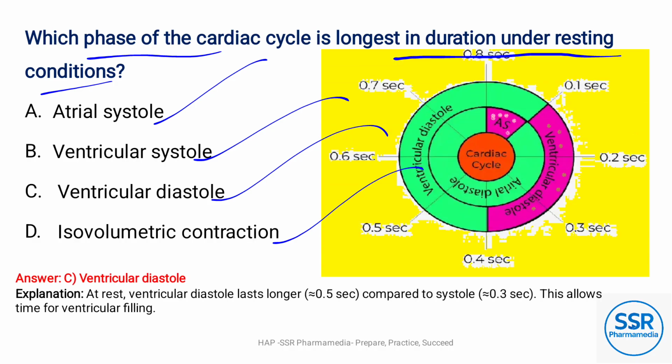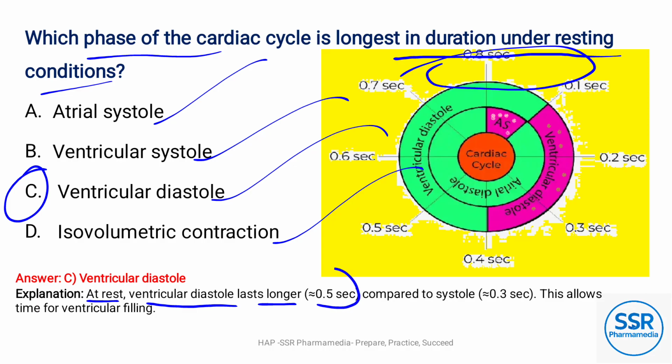The answer is option C, ventricular diastole. At rest, ventricular diastole lasts longer, 0.5 seconds, compared to systole at 0.3 seconds. This allows time for ventricular filling.